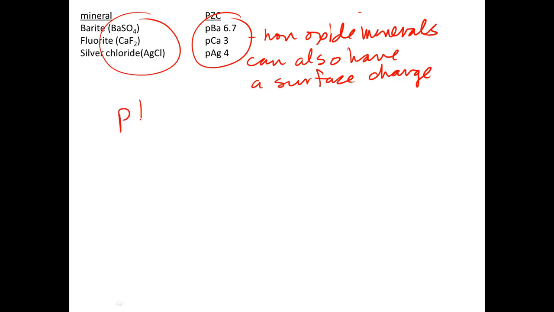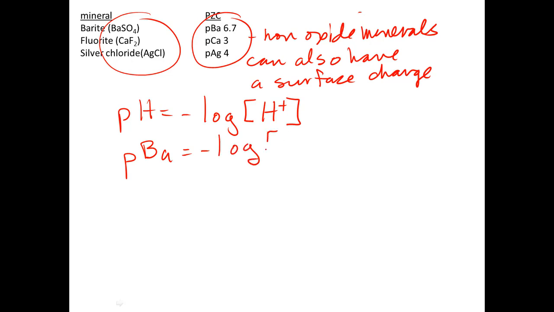So for pH, we know it is the minus log hydrogen ion concentration. Here's a new twist on that: pBa would be the minus log concentration of barium ion in solution.